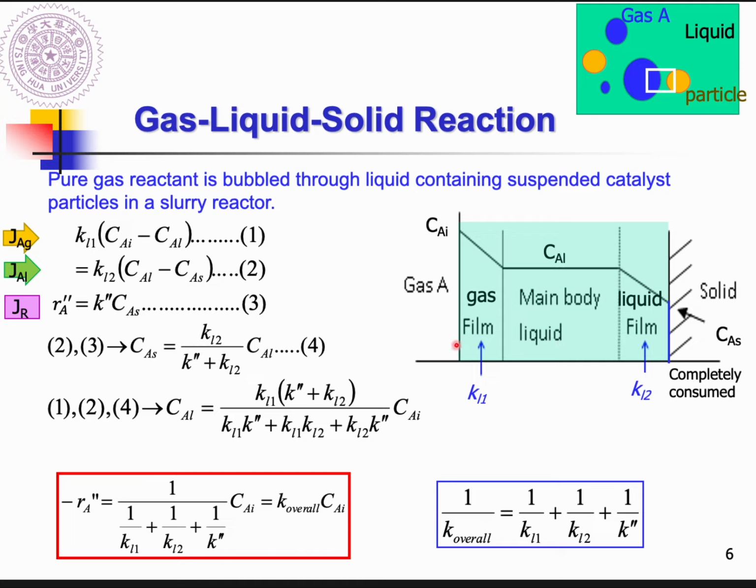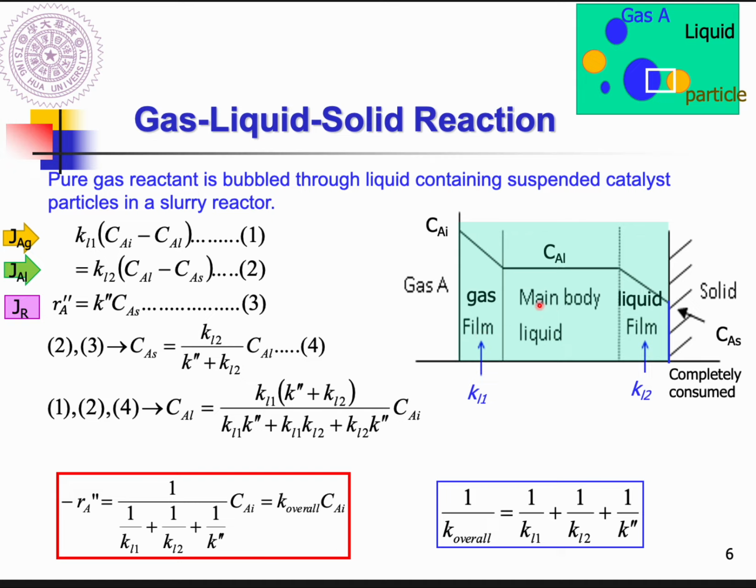So you have gas, liquid, and solid. And as we mentioned before, as long as you have two different phases, in between there is for sure a film layer. And by the way, between this liquid and this solid, we also have a film layer here. So now we have two film layers. But in this case, in the beginning we focus on the reactant gas A, right? So near the gas, we call it the gas film.